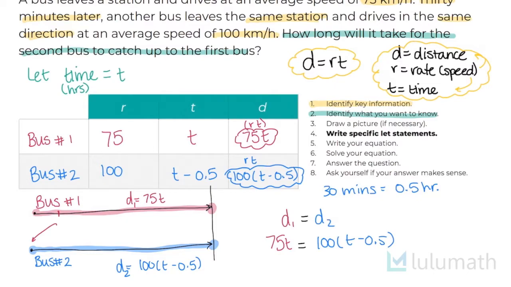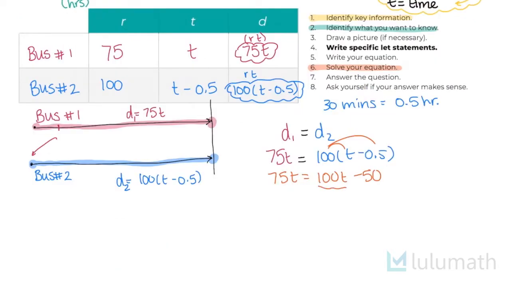All right, so we've gone to the point where we wrote our specific let statements. Awesome. We wrote our equation. Now we have to solve our equation. So I'm going to copy down this 75t and I'm going to distribute the 100 through to both of these numbers here. So I get 100t minus 50. I'm going to subtract this 100t from both sides because it's a positive 100t. Just a reminder, this minus sign is for the 50.